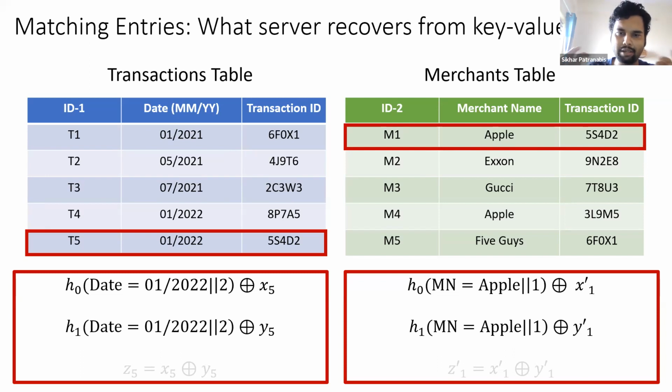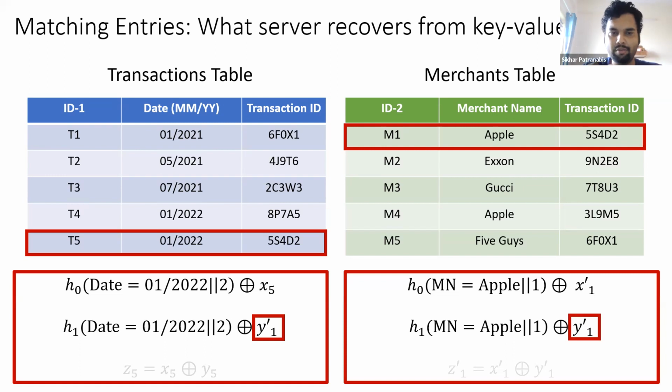Now let's focus on one particular thing: since they have the same value in the transaction ID field, they will have the same Y value. So we can replace Y5 with Y prime 1.